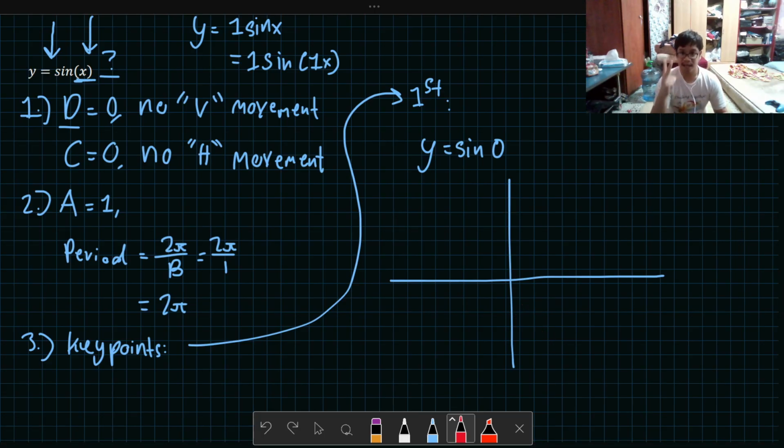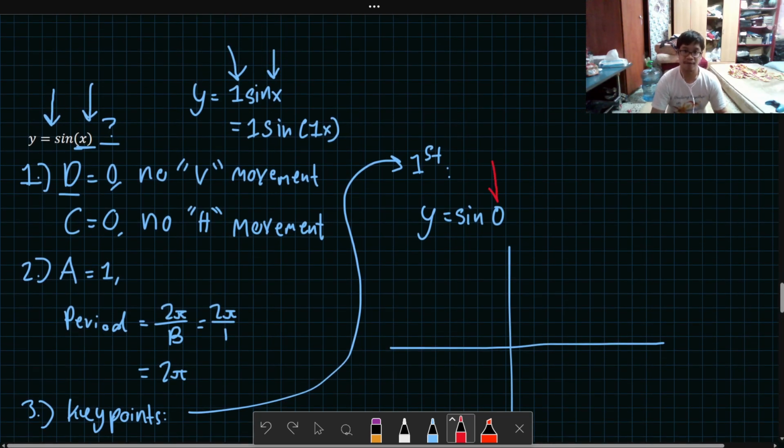The second is that we need to find the y-intercept. So again, what is the interpretation if your input is zero?